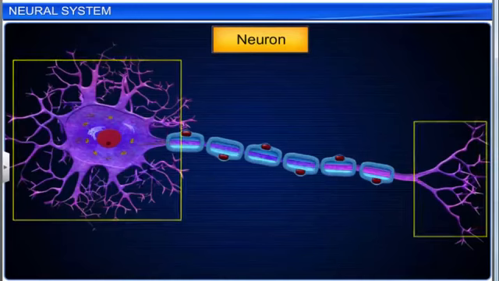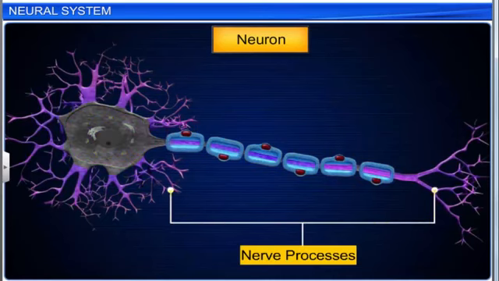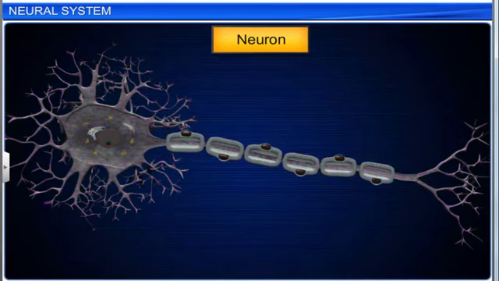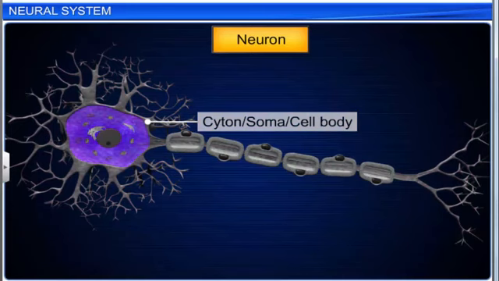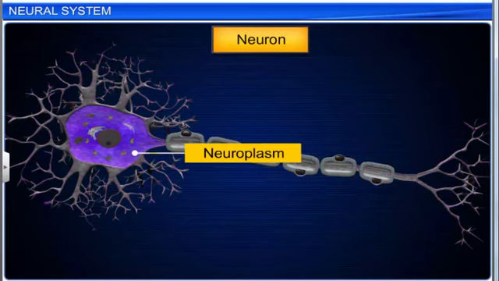A neuron is a branched nerve cell and is the longest cell in the body. The two main parts of a neuron are the cyton and nerve processes. The cyton is also called the soma or cell body. It contains granular cytoplasm, also called neuroplasm.